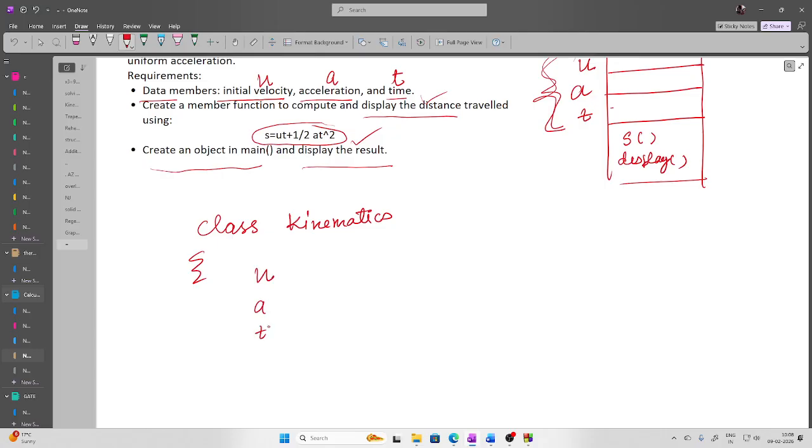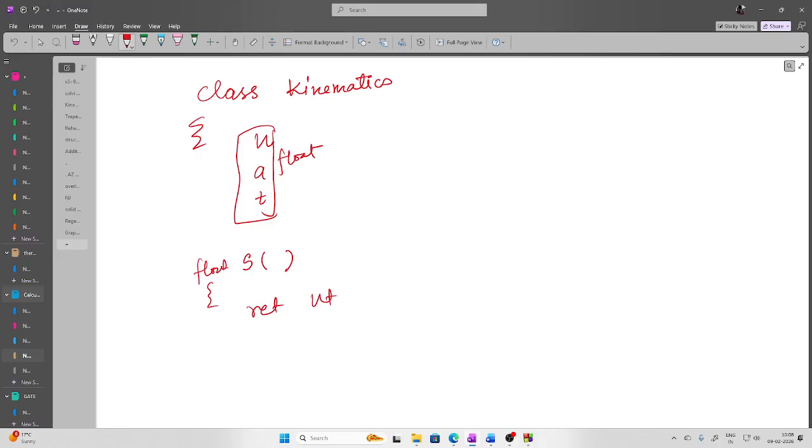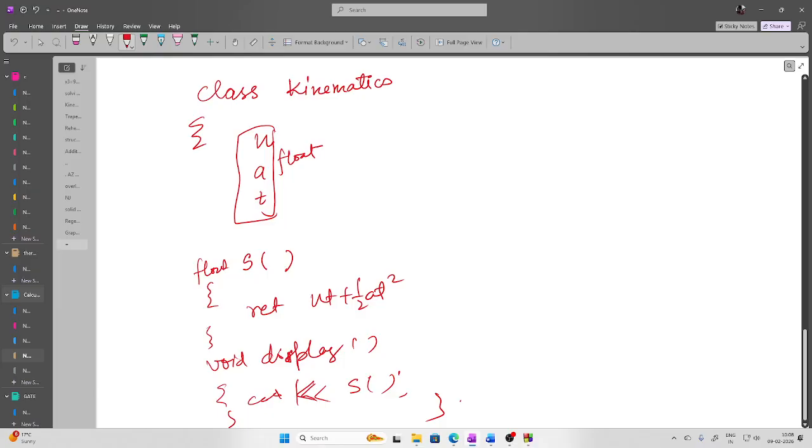U, A and T. We can declare them as float or double, whatever is your choice. Then inside the class you should have member functions. One is S, which returns a float, evaluating ut plus half at square. Another one simply displays the result: cout S. That's it, and that completes your class.